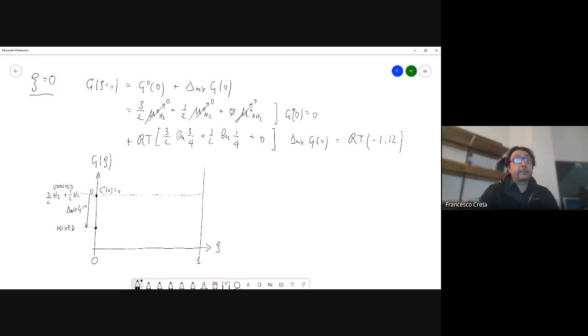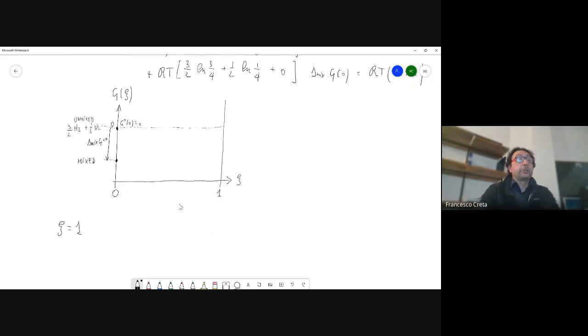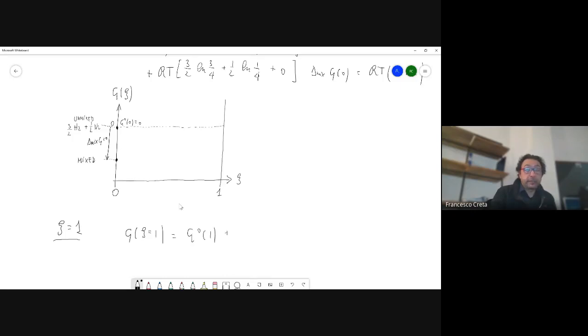Now, let's see what happens on the other side, at psi equals 1. Sorry, not x, Xi. Today I'm just thinking something and saying something completely different. So now I want to see what happens when the reaction is all shifted towards the right at Xi equals 1. G of Xi equals 1 will be equal to G0 at 1 plus the delta mix of G at 1.